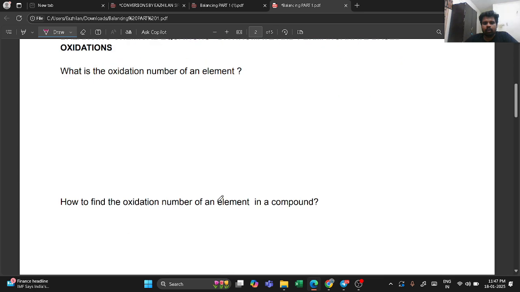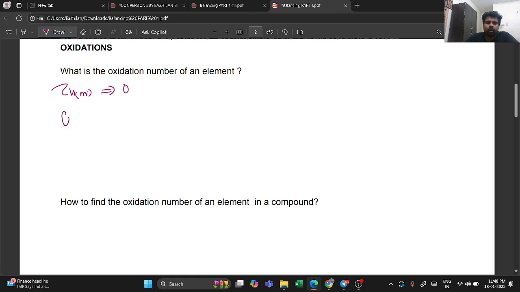Next, what is the oxidation number of an element? This is a big topic, so I will just give you some shortcuts to remember. If you take any element in its elemental state, for example zinc in metallic state, zinc will always have an oxidation number of 0.